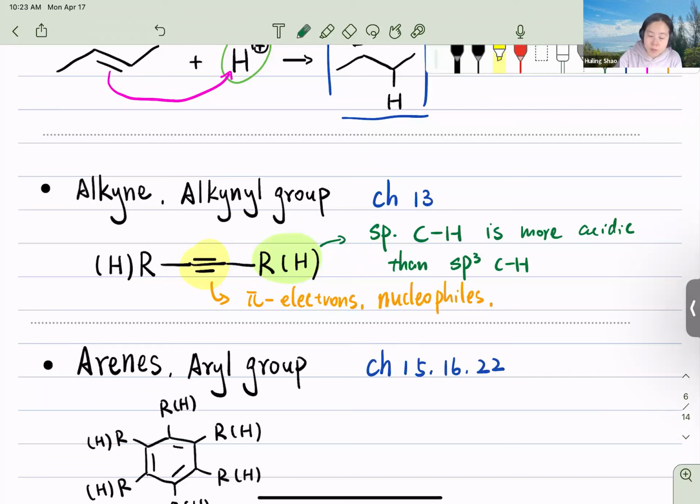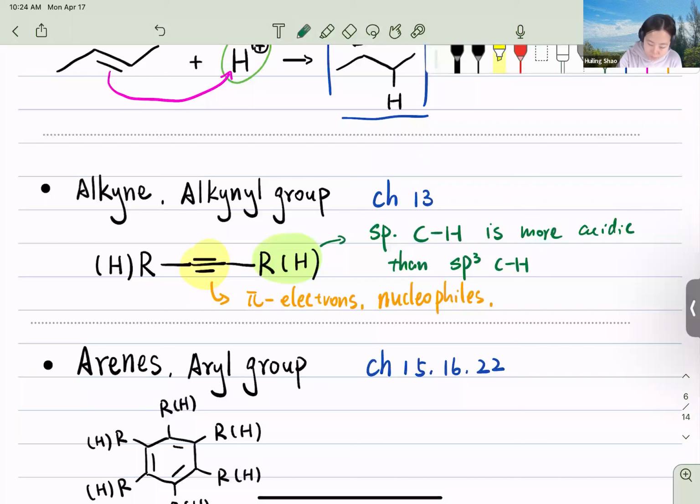So again, what I expect you to know is we covered so many acid-base reactions, acid-base chemistry, Lewis acid and Lewis base. What I hope you know is, looking at these functional groups, get an idea which part of the molecule is nucleophile, which part of the molecule is acidic. What are the potential reactivities of these?